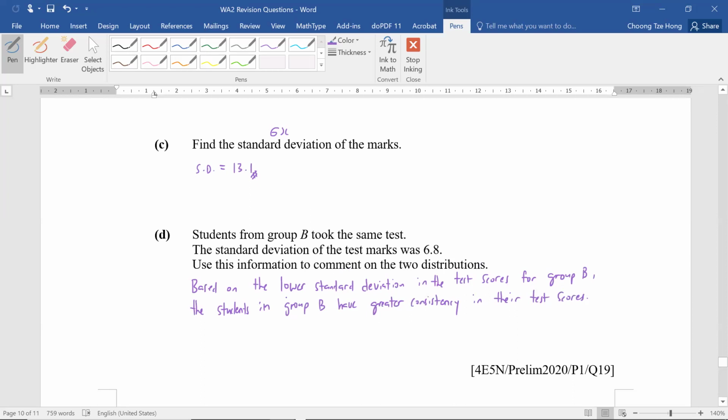Based on the lower standard deviation, it will lead to greater or higher consistency in their test scores.